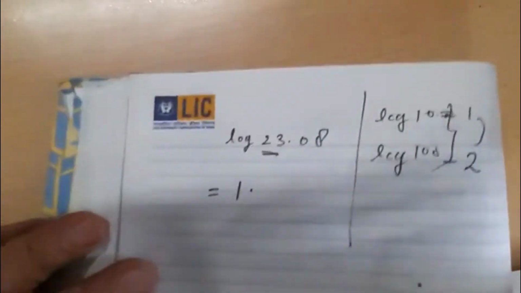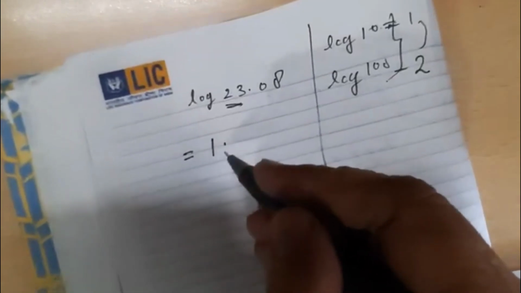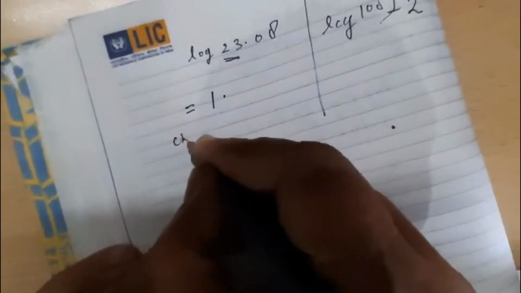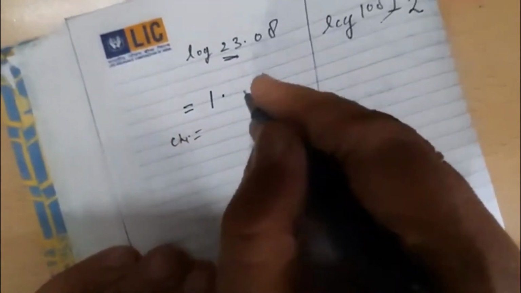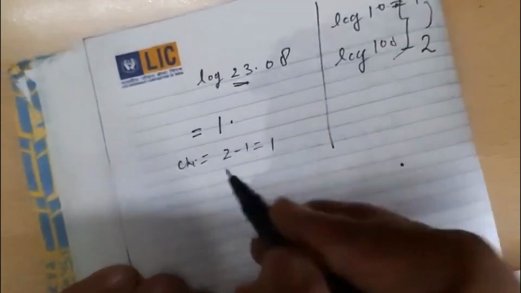So for numbers between 10 and 99 the characteristic is 1. Otherwise, we take the number of figures before the decimal minus 1, which means 1. So the characteristic is 1.